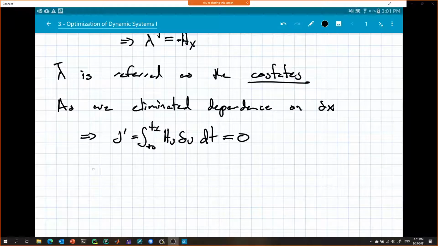So here we just say this is equal to 0, and this provides what we call the optimal control law.